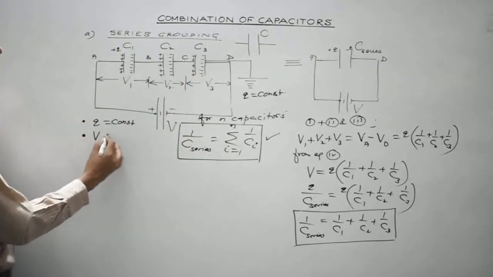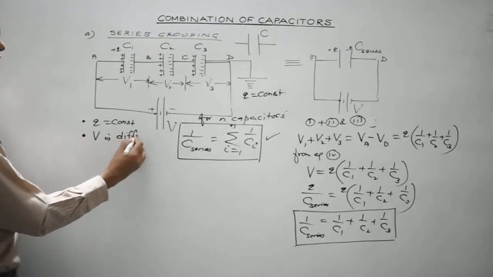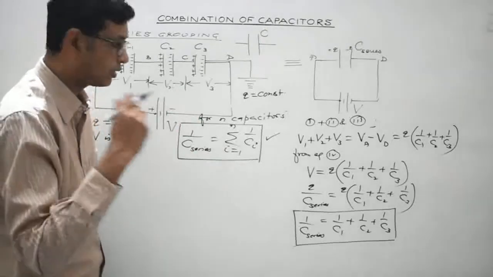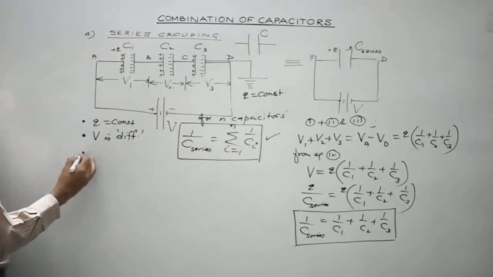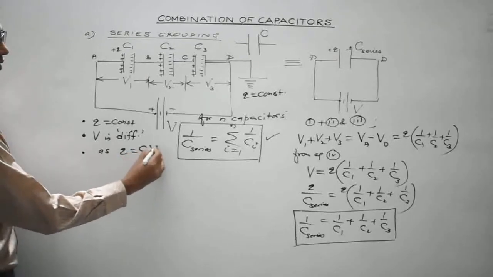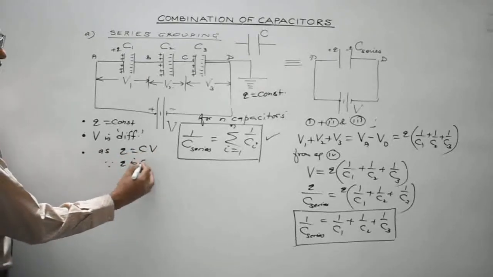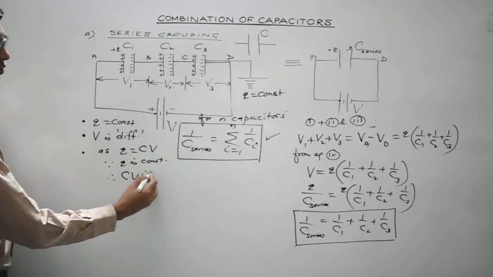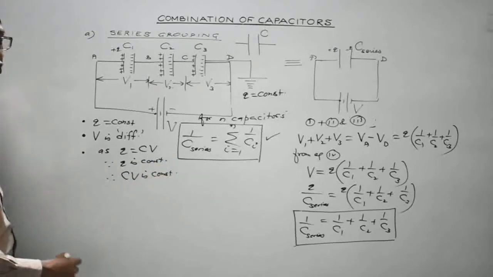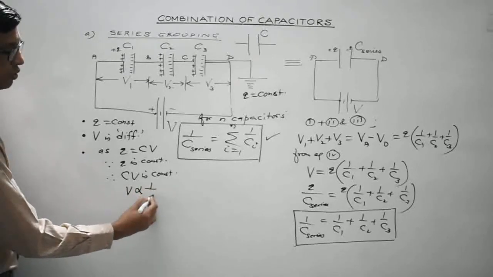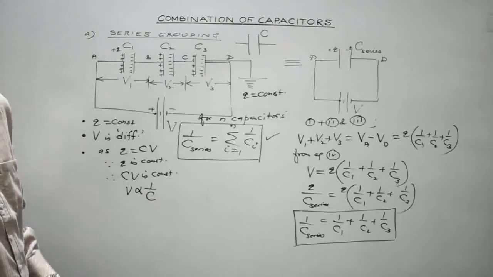So V is different across different capacitors having different values of capacitances. Third, as Q is equal to CV, since Q is constant in series grouping, therefore CV is constant, which implies that V is inversely proportional to capacitance.